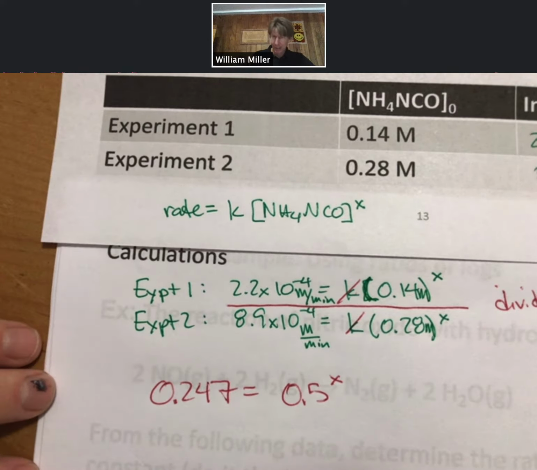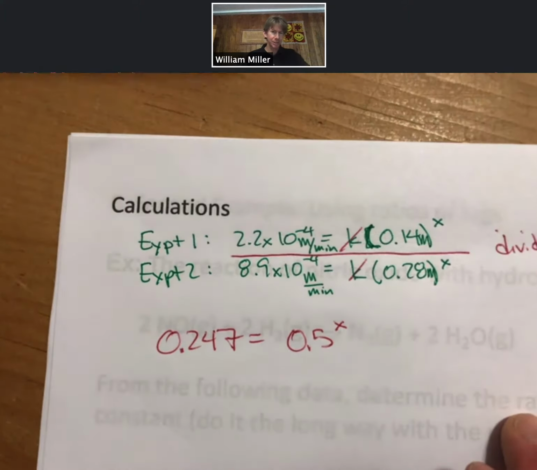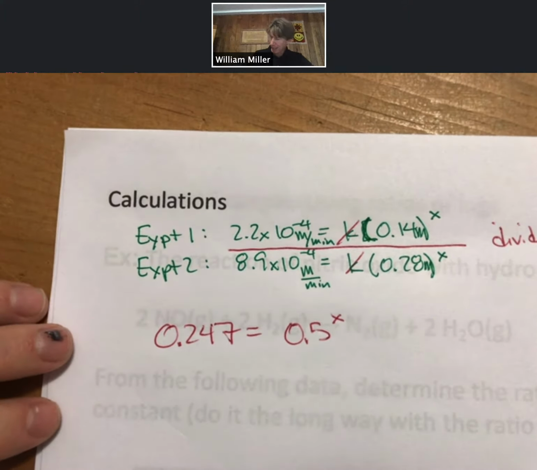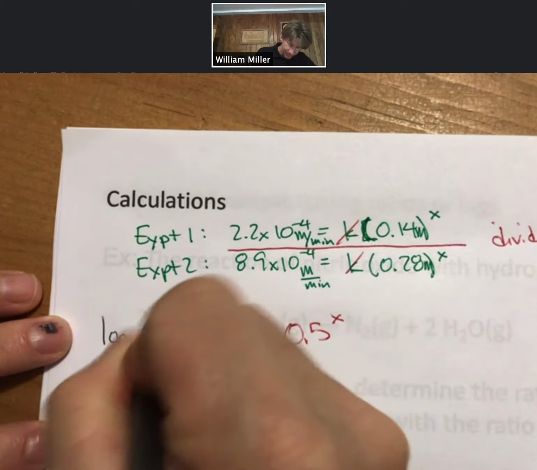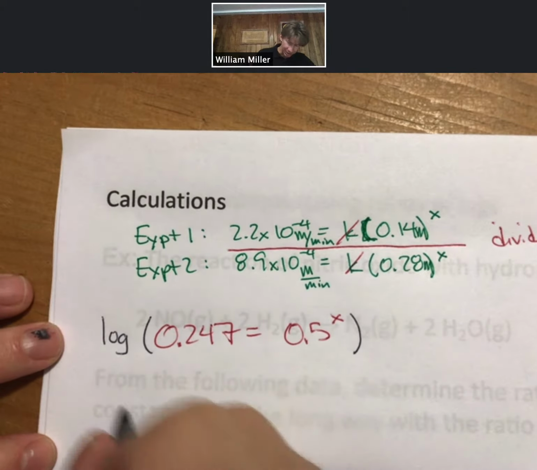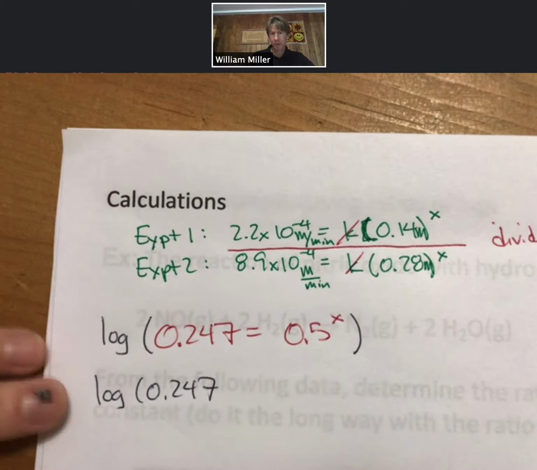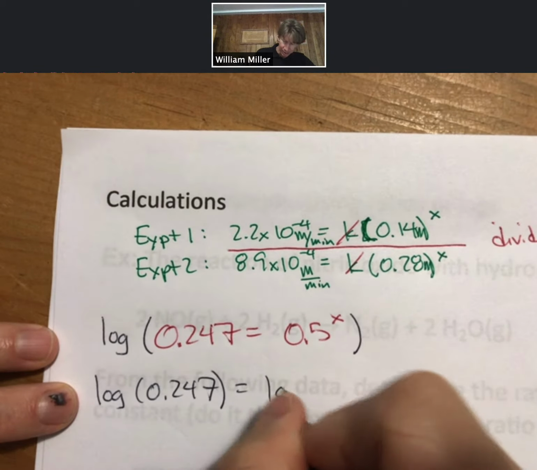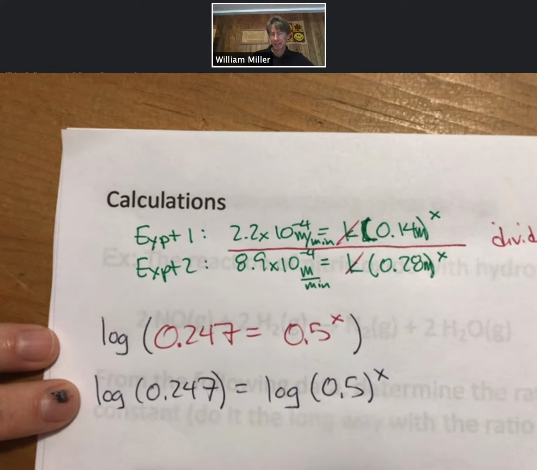And the completely general way to solve this equation is to take the logarithm of both sides, take the logarithm of the whole equation, which is log 0.247 equals log 0.5 to the x.